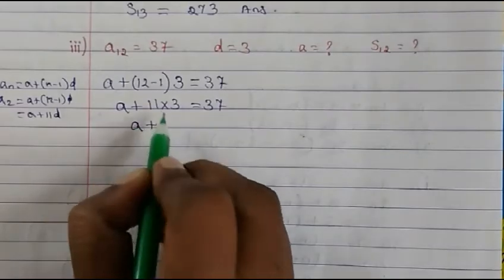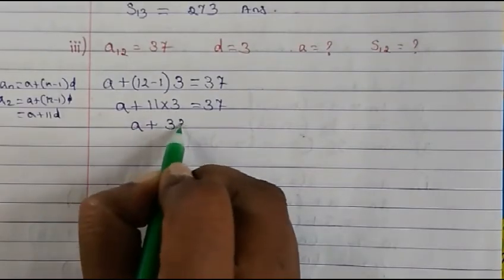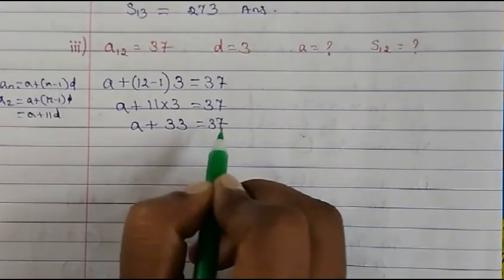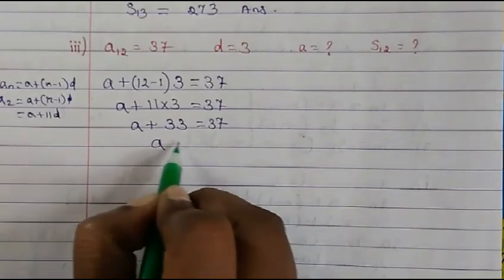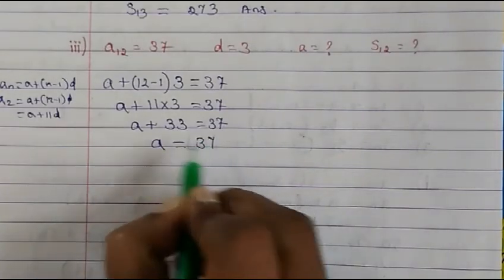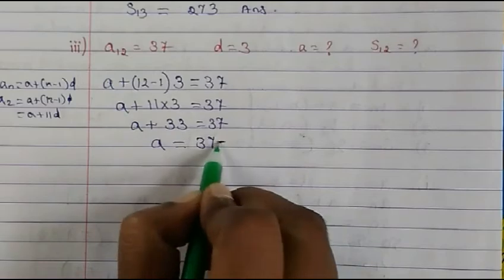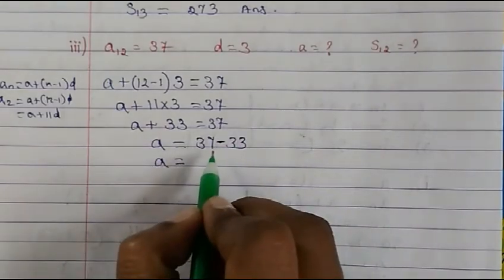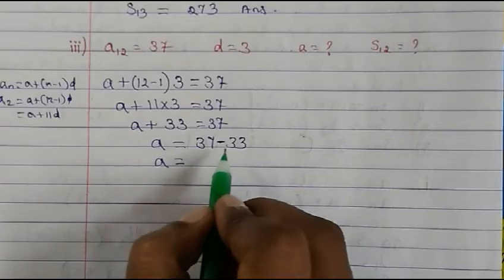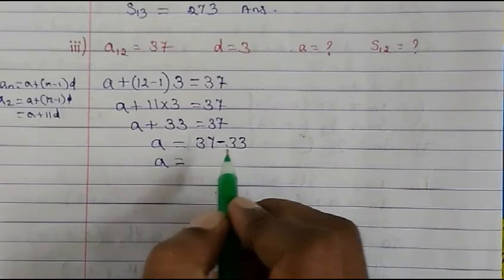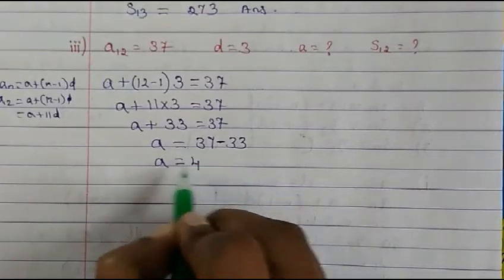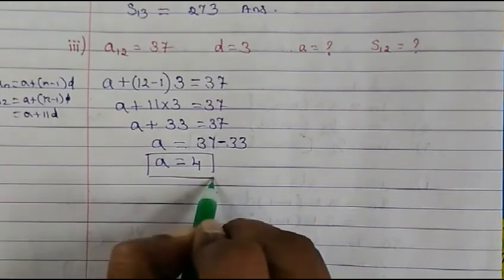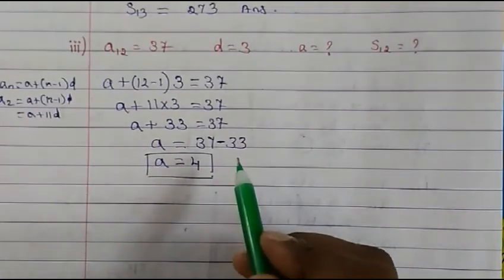So a plus 11 into 3, which is 33, equals 37. Let's keep a here only. So 33 goes to the other side and becomes minus. So the a value is 37 minus 33, which gives us 4. So we get a equals 4.